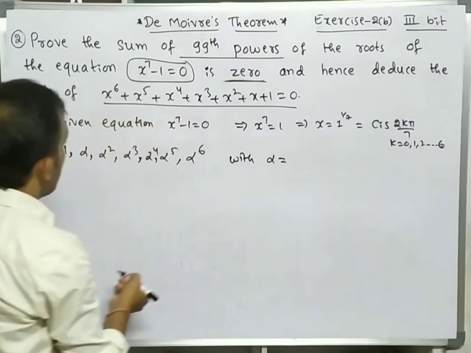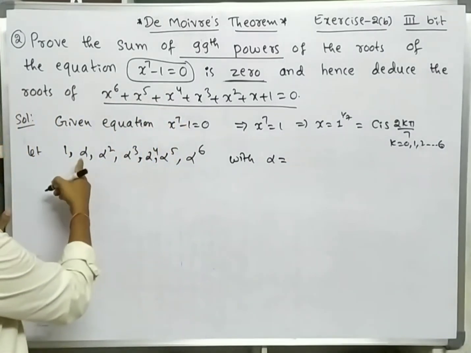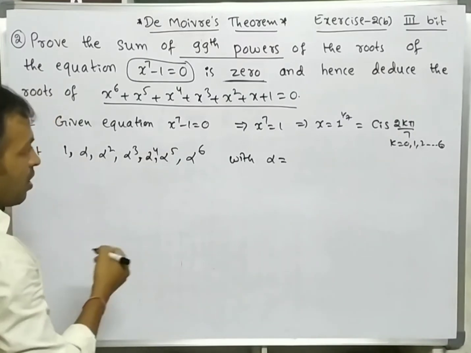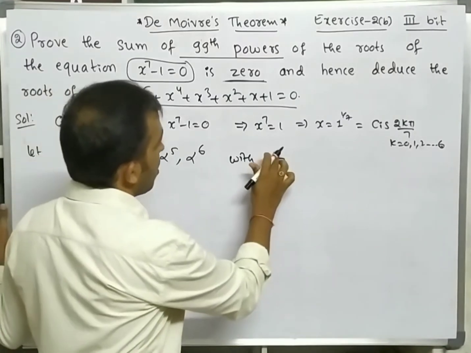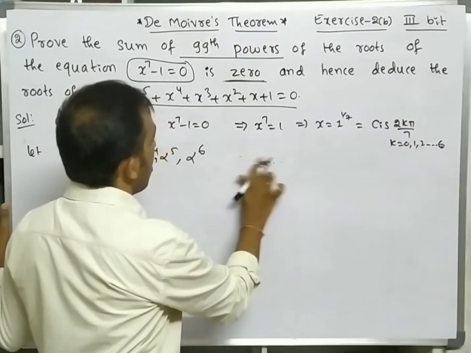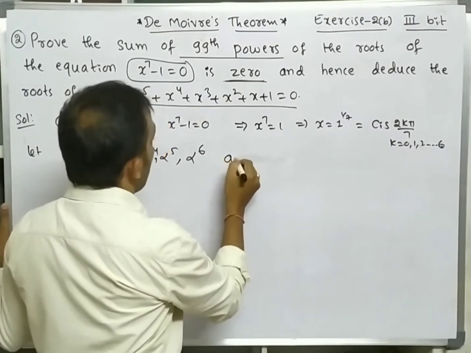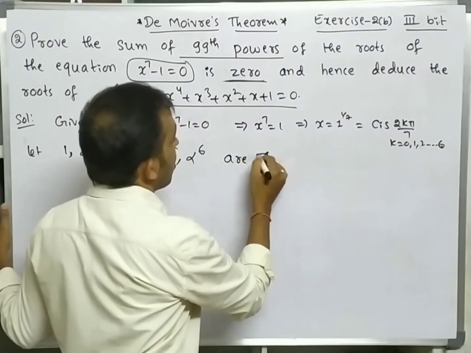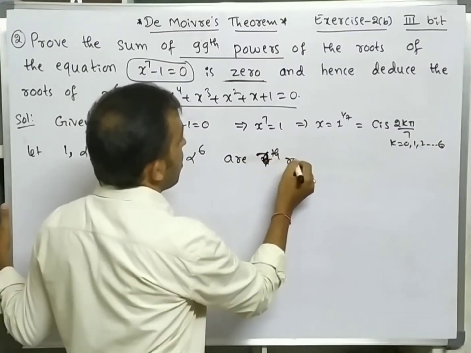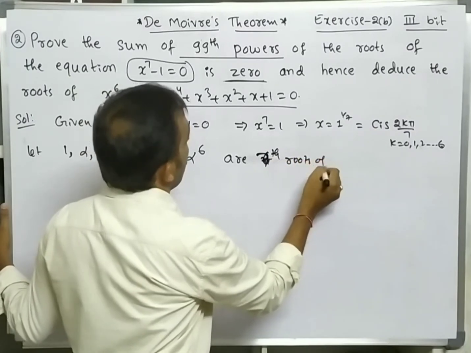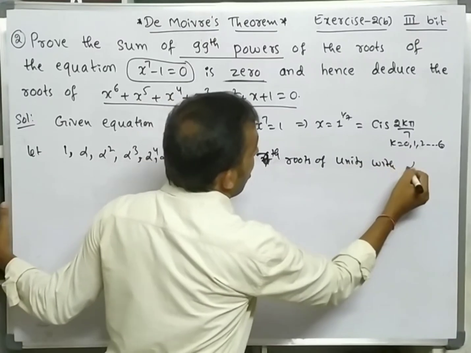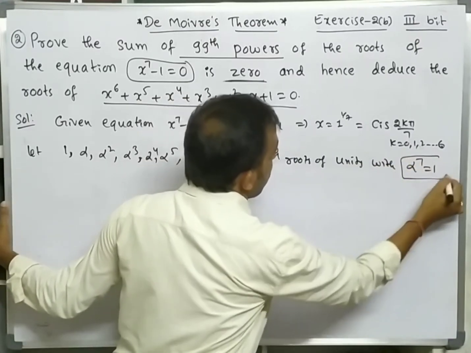These are the 7 roots of the 7th root of unity, where alpha is equal to cis 2 pi by 7, k is equal to 1, like that. These are the 7th roots of unity, with alpha power 7 equal to 1.